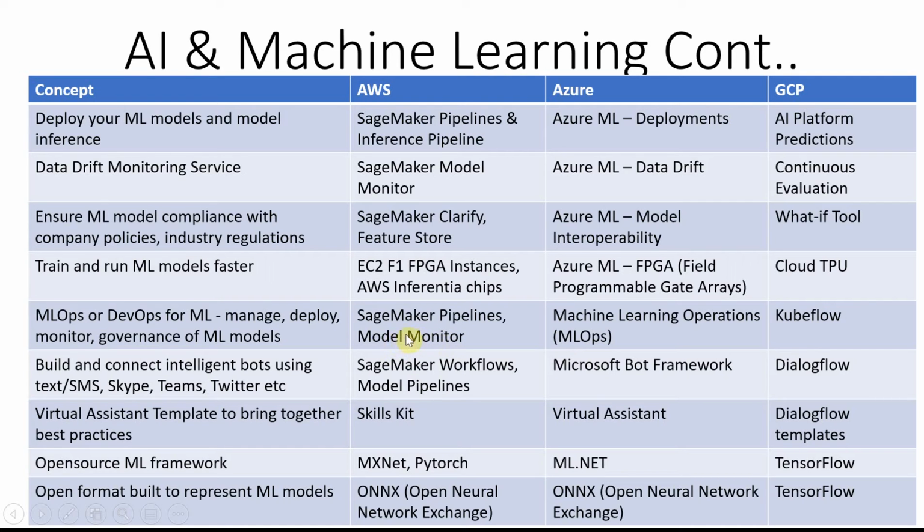Monitoring is a very important area in ML, because once your ML application is live in production, you need to monitor how it is performing. At the same time, you need CI/CD pipeline equivalents to deploy and manage your ML models.